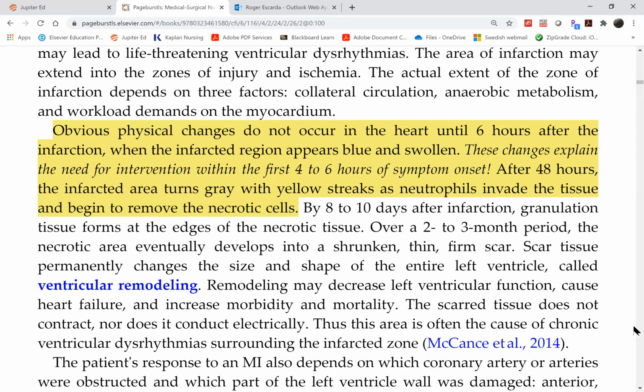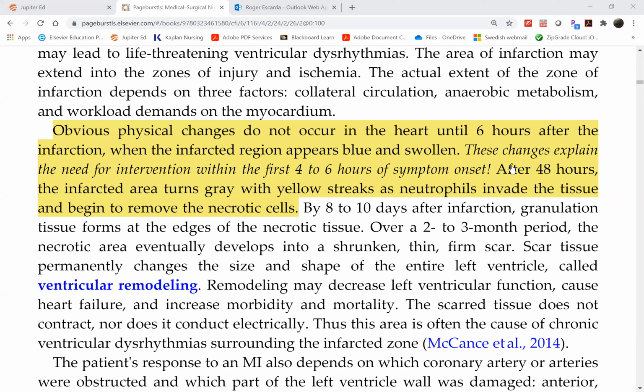However, it will form scar, just like when you injure your skin enough, which this one is obviously deep. It will form scar tissue. Take note that scar tissue does not function the same as normal tissue. It will never replace normal tissue. So let's start here with the changes.